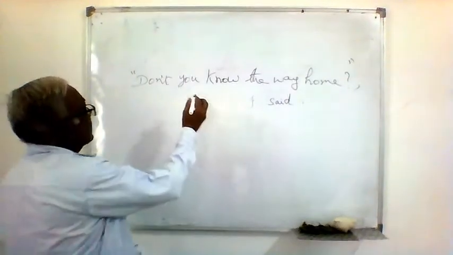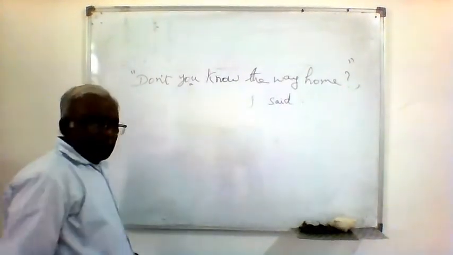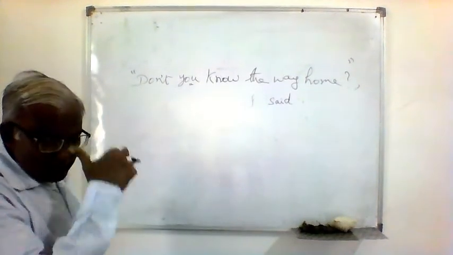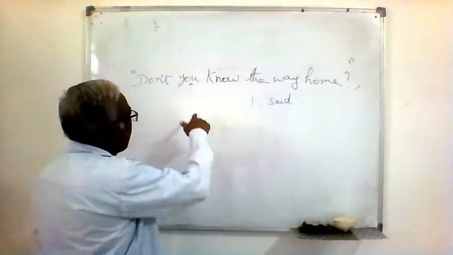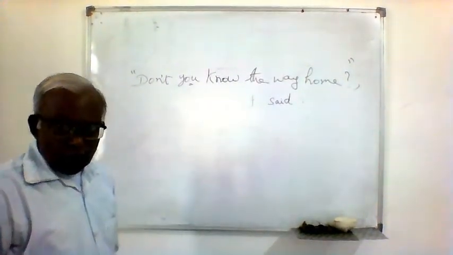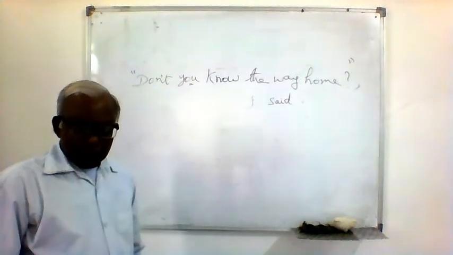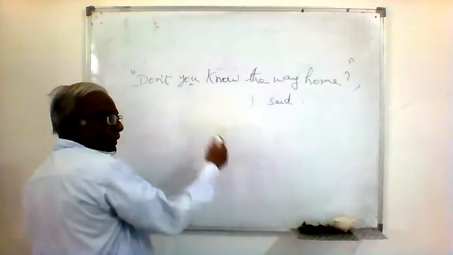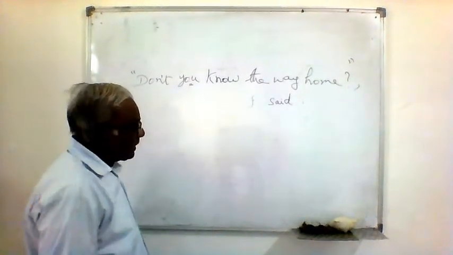So here there is one "you," and in the whole sentence if you see, it is not clear who is that "you." So let us presume that you are reporting. Therefore obviously the "you" is referring to yourself.